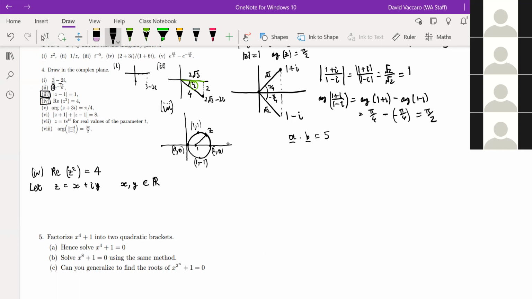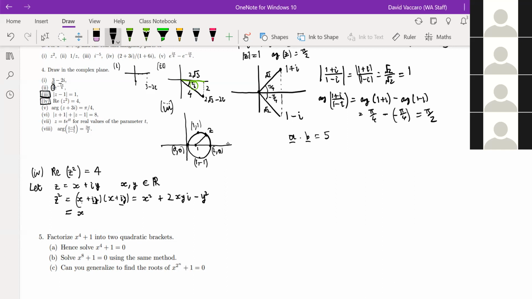We're invited to find the complex number z squared. So we have z squared is (x plus iy)(x plus iy). We open the brackets in the normal way, so we pick up a term x squared. We pick up two lots of the mixed term xyi. And then when the iy hits the iy, we end up with negative y squared.